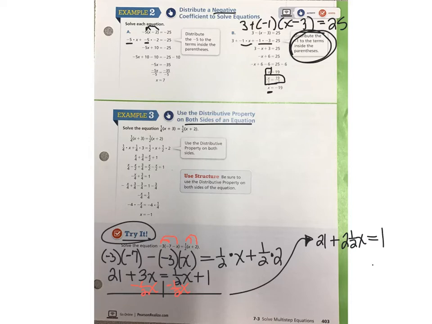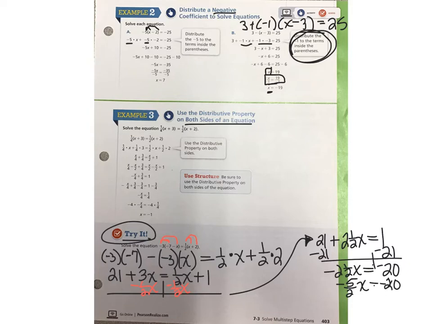Now I'm going to go ahead and take away the 21 from both sides, and a negative 2 1/2 x equals negative 20. Now in order to finish this, I need to divide both sides by a negative 2 1/2. Or I can change that into its improper fraction form, which is 5/2, negative 5/2 x equals negative 20.